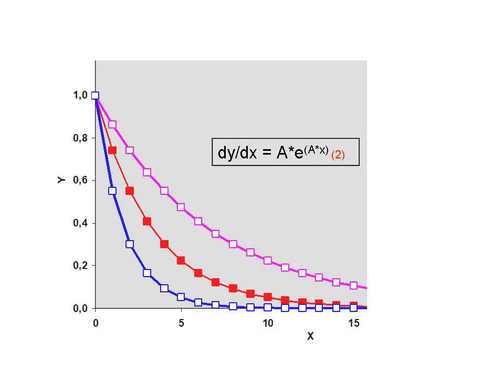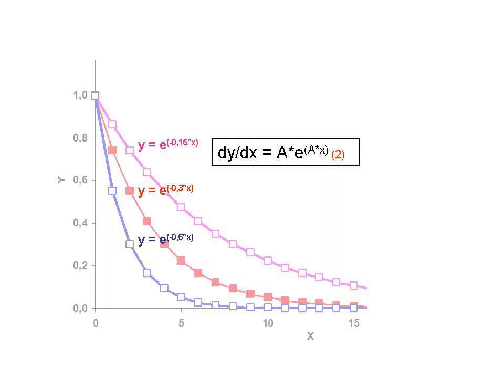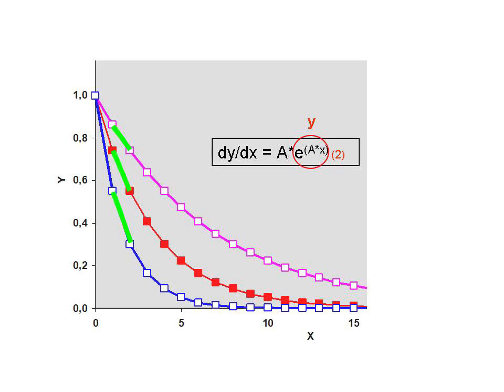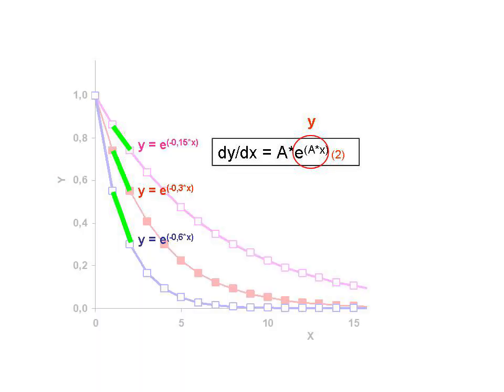And also this means that a determines the value of the derivative of the exponential function. The absolute value of a is larger, the derivative is larger. So the derivative of the function for the same x is larger for a larger absolute value of a.